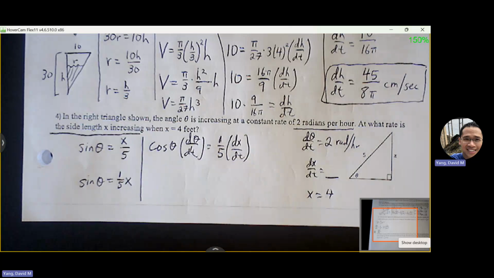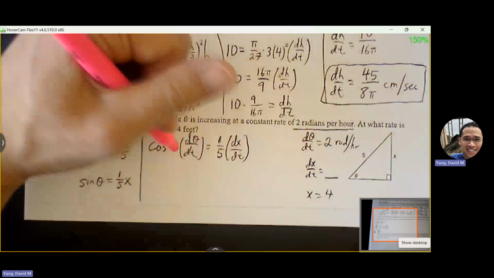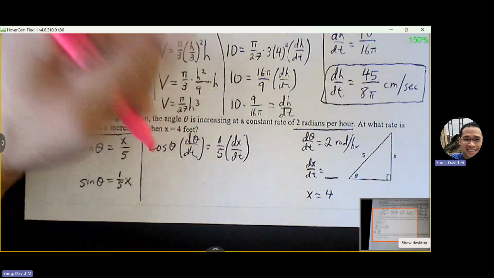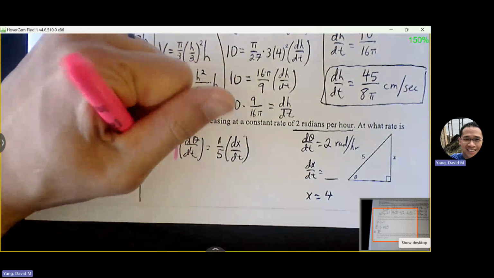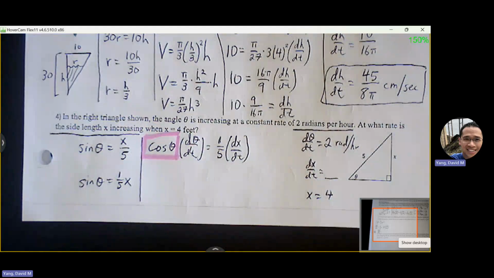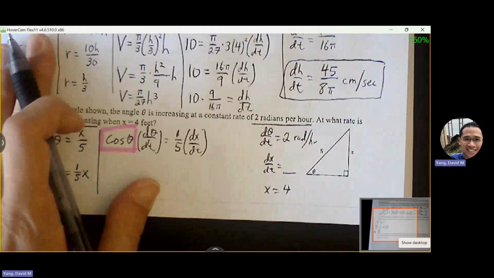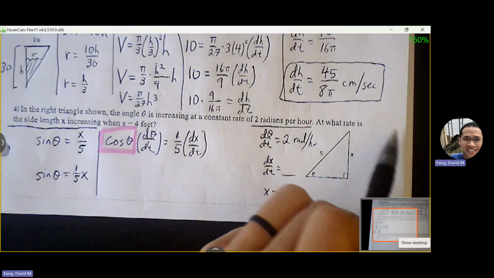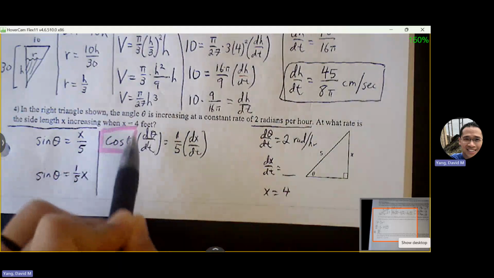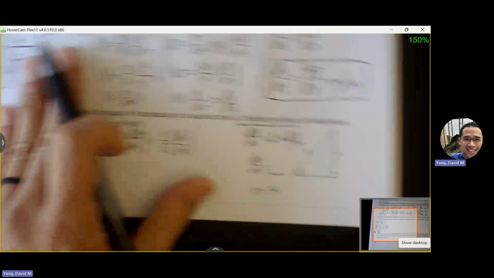So the only thing that we have to worry about is how do I get rid of that cosine theta? It's not the theta that we're looking for. We're going to find a replacement for this entire cosine of theta. And this is what's different about related rates for trig: we're going to have to build a second triangle, figure out that ratio, and find a ratio for cosine.